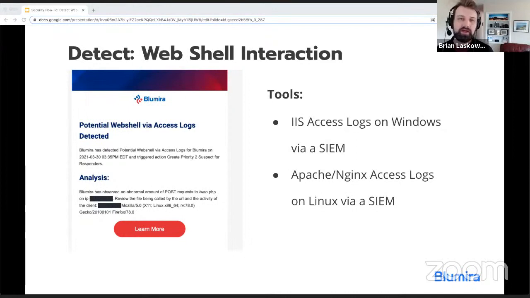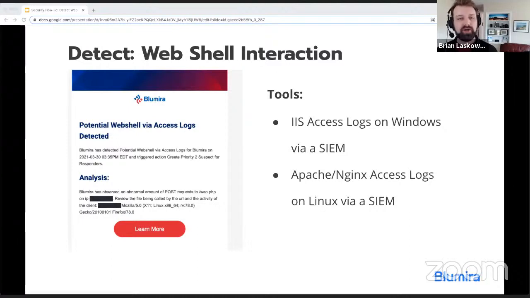So one of the common techniques to hunt for web shell usage is looking for a high frequency or number of POST requests to the same resource on a server. This assumes that you've gone through and excluded things that will do that. For instance, going back to our WordPress example, let's say you're running a site with a lot of members that log in.